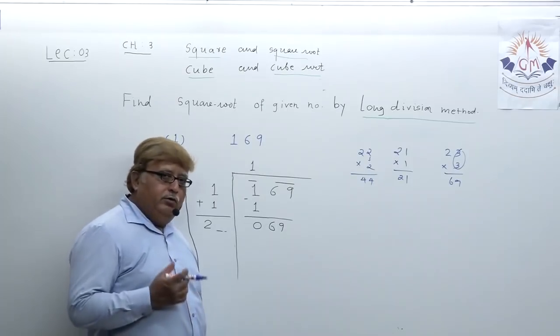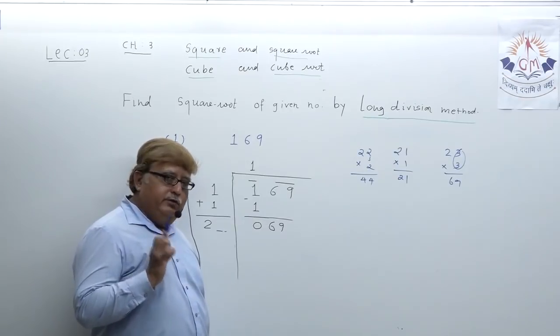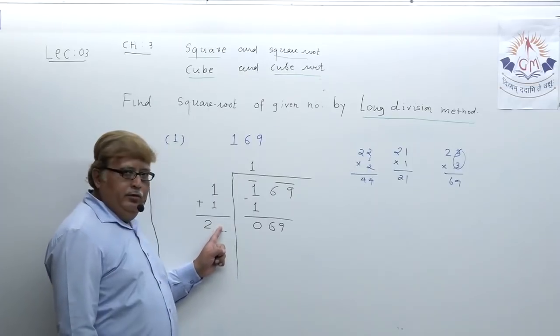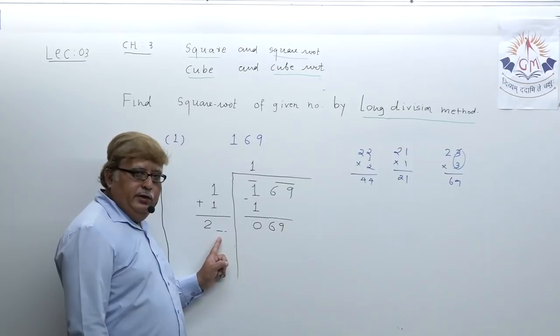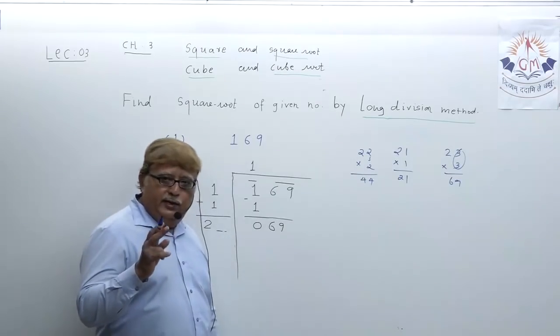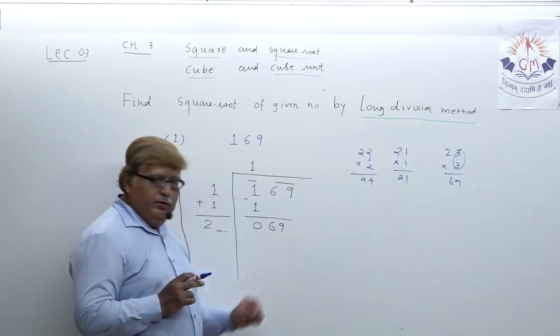So you have to think of the units digit, and by thinking of the units digit, whatever 2-digit number you get here is to be multiplied by the same units digit to get this answer.